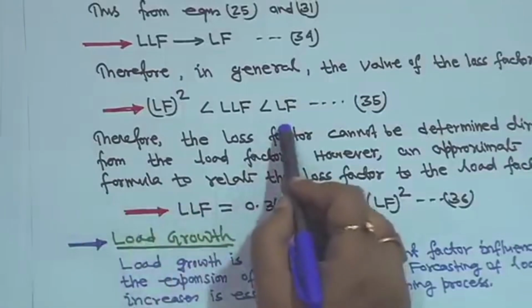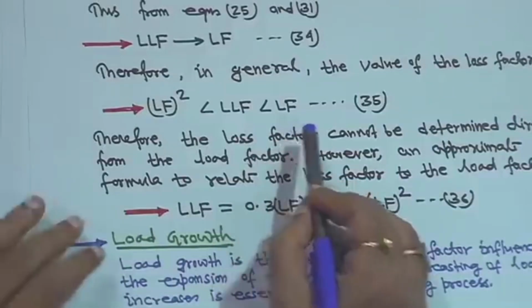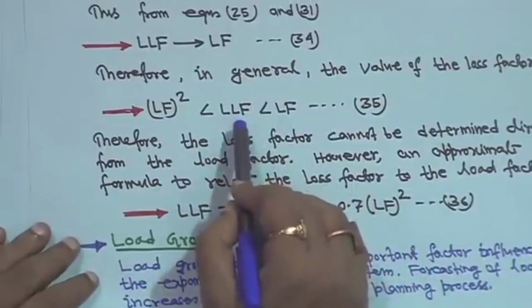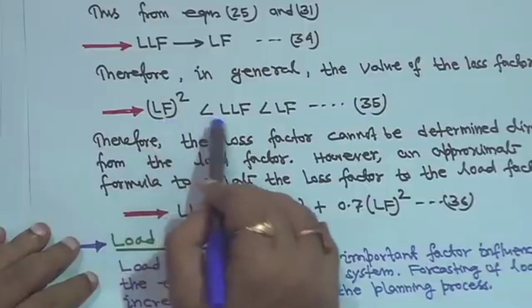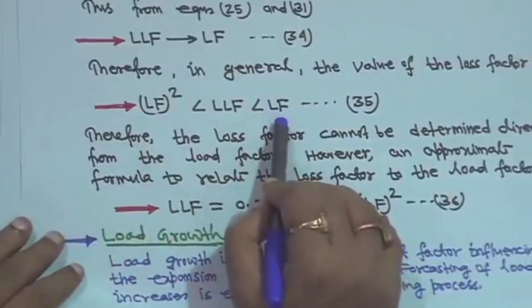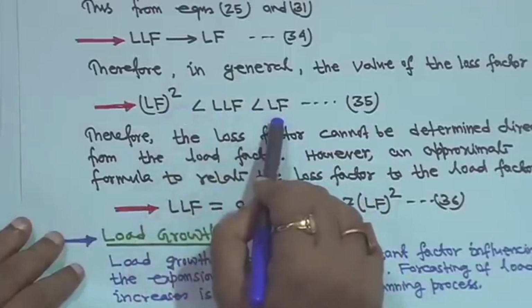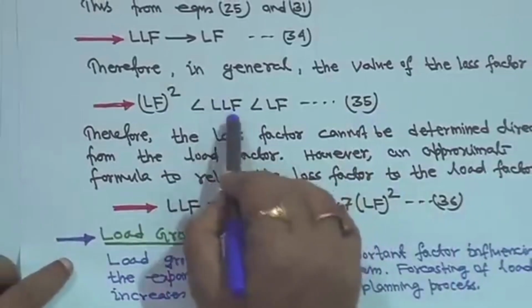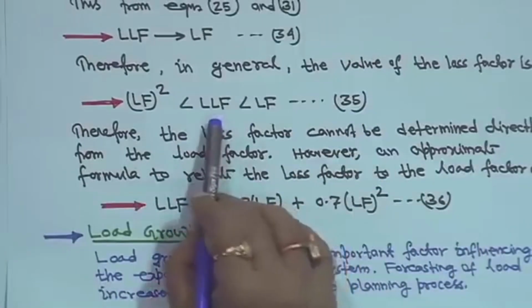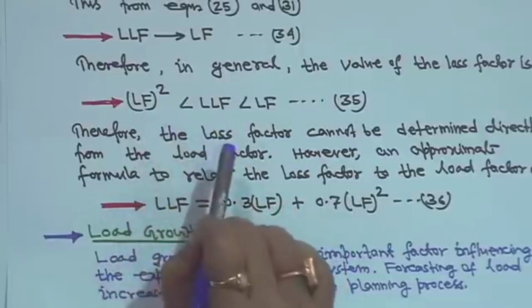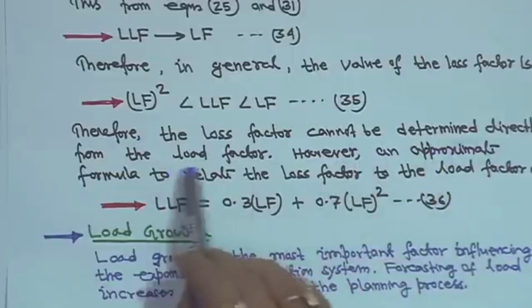Generally load factor is less than 1. Therefore, loss factor will be greater than square of the load factor, but less than the load factor. So, greater than LF square and less than LF. This is the condition for the loss factor that can be established, but in general it has been observed that the loss factor cannot be determined directly from the load factor.